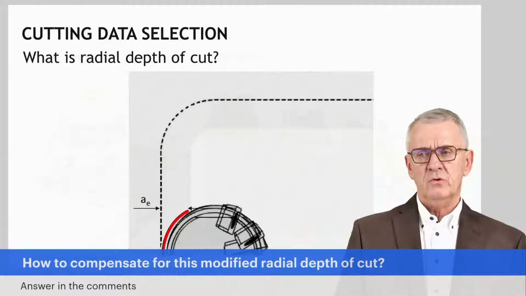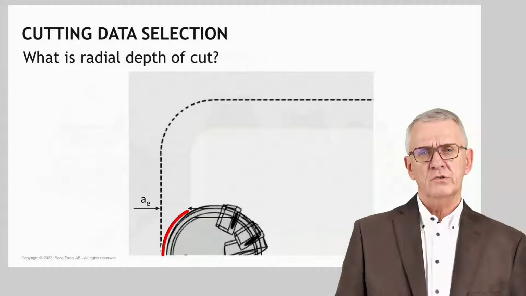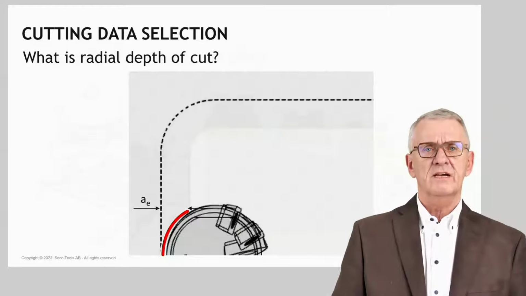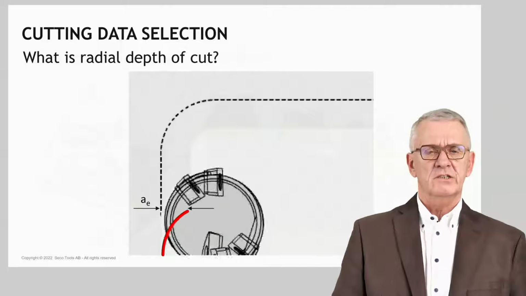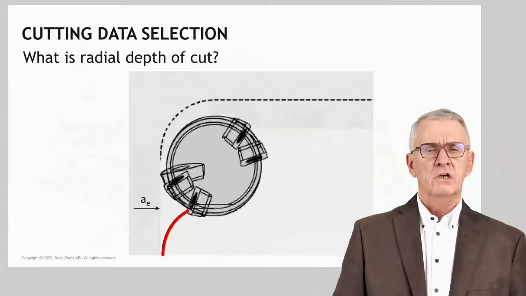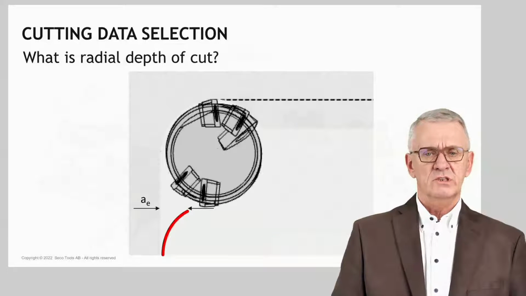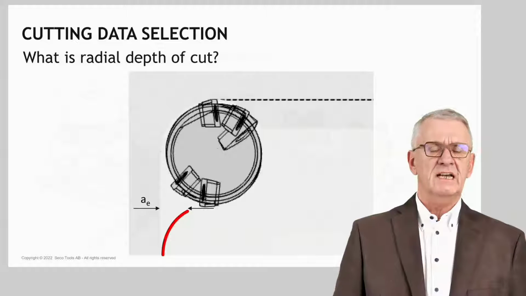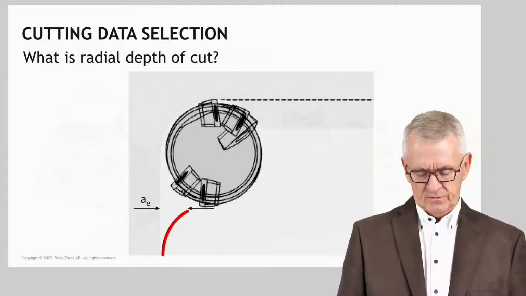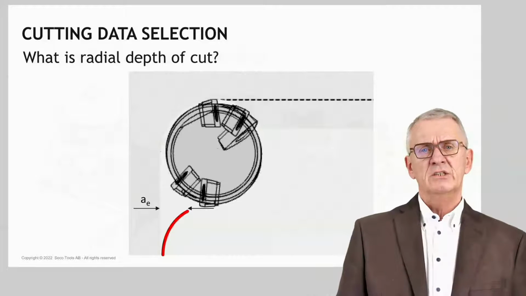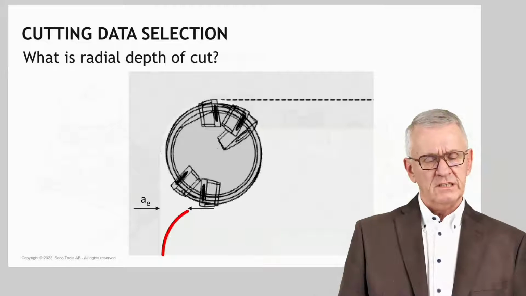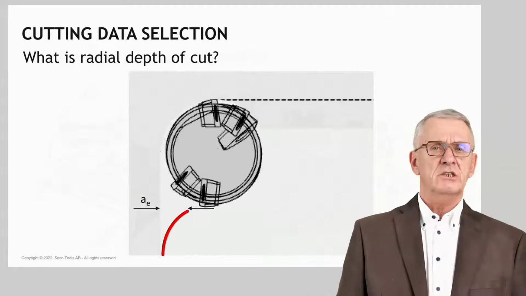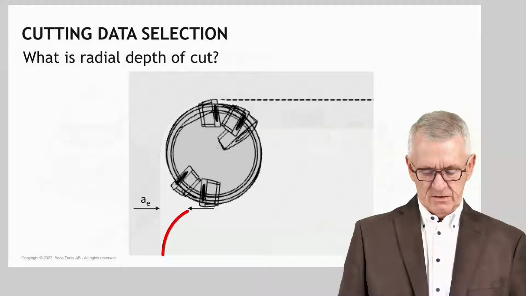And if we talk about cutting conditions, also very important to know the correct definitions of cutting conditions. Because you see here an animation where I have a milling cutter, and the milling cutter is cutting along a straight line and then comes into a corner. And that means, I give here the example of radial depth of cut. Radial depth of cut is the width over which a milling cutter is in contact with material, measured parallel to the radius line of a milling cutter.